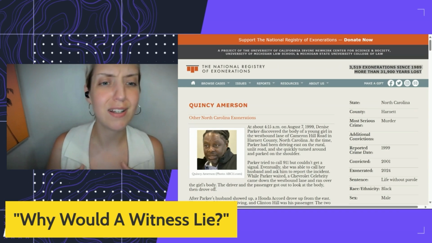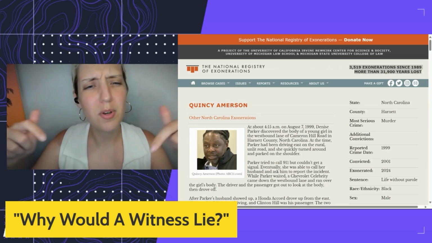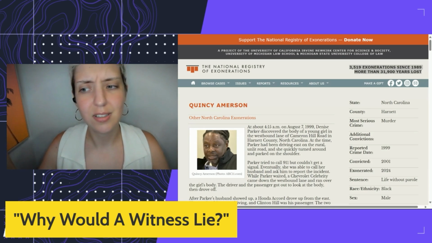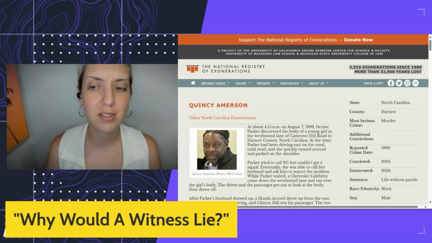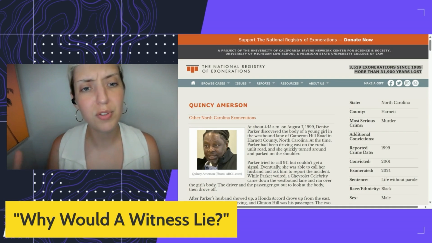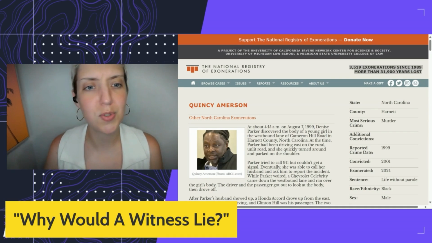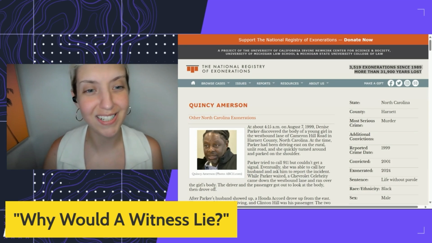Should we just sit here on the outside and say, oh, no big deal, or, well, why would a witness lie? Why would someone do their job wrong? Why would the investigation not be proper? Why would a prosecution even bring charges if there wasn't proof of guilt? We are in a country where not only are we supposed to remember that in the criminal justice system you are innocent until proven guilty, but sometimes you're still innocent even when you're convicted.